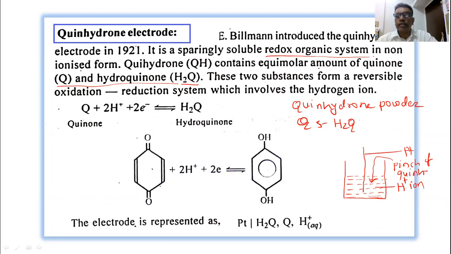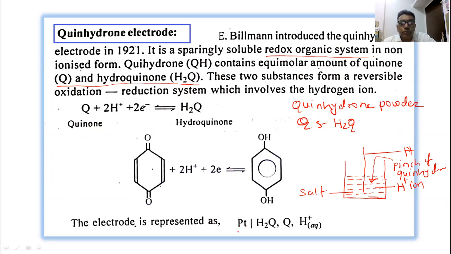Once we add the quinhydron powder, the solution becomes saturated, because quinhydron is a sparingly soluble redox organic system, which contains an equimolar amount of quinone and hydroquinone.